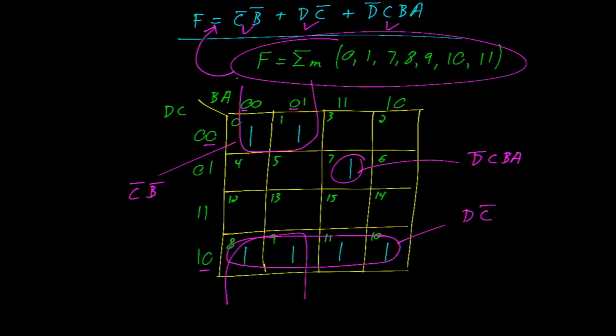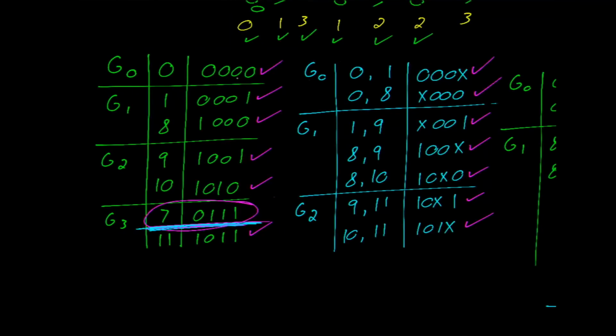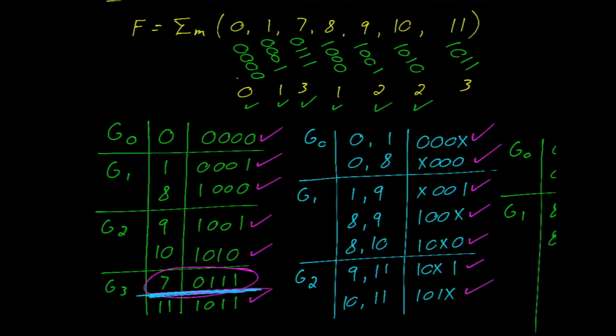In fact, it was so easy that if you look back at this Quine-McCluskey method, you might ask, why even bother? But there's something you need to know about K-maps. K-maps work very good when the number of inputs is limited. We were dealing with a 4-input system. Very easy to do.